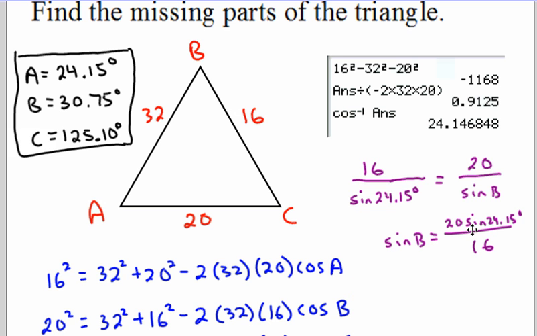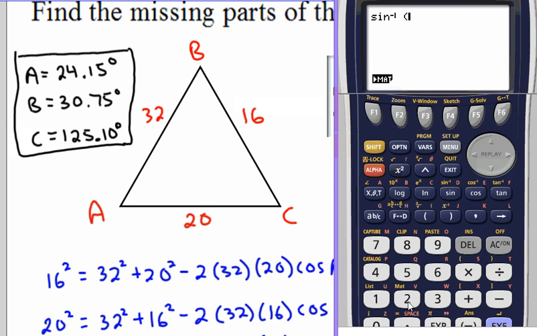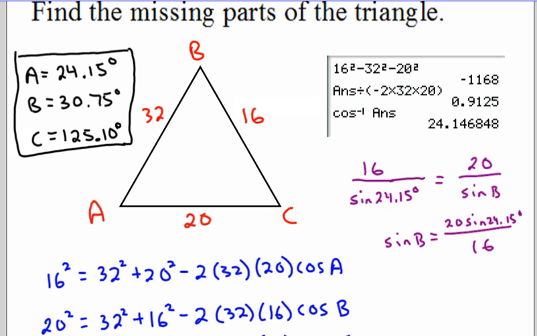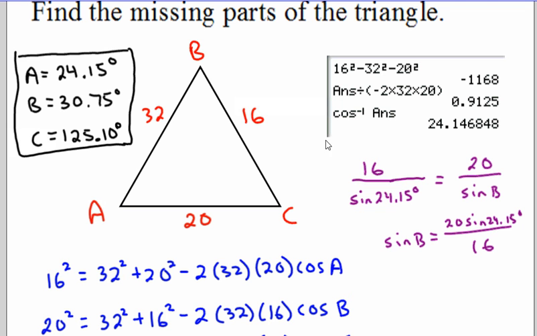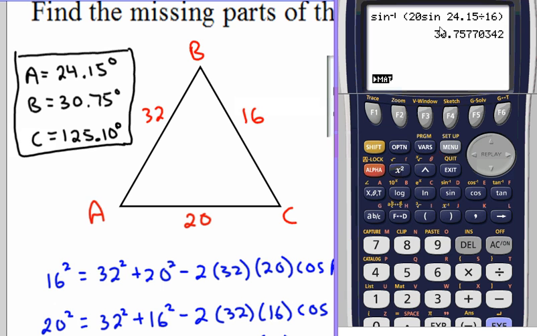Then I'm going to put 20 times the sine of 24.15, and then I put that over 16. So if that's what the sine of angle B should be, I do inverse sine to find it. And look at that, we get 30.75, just like we got here.